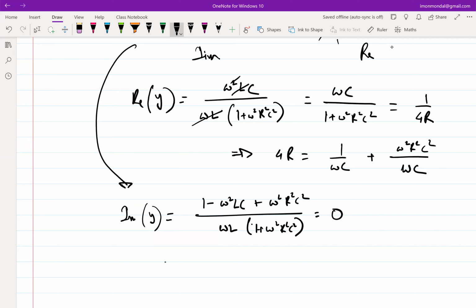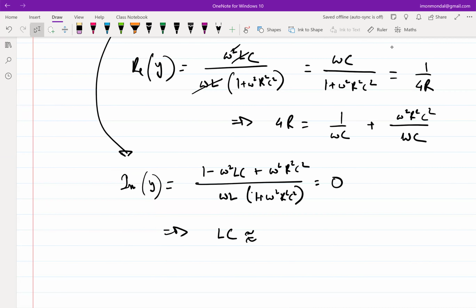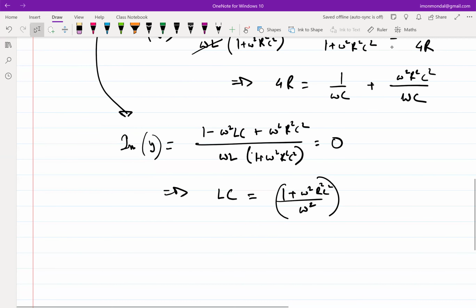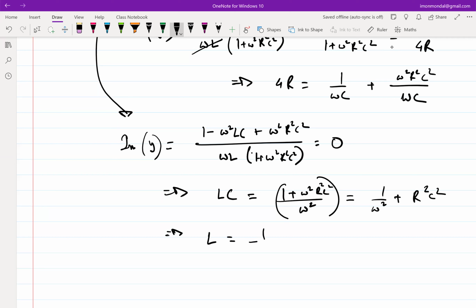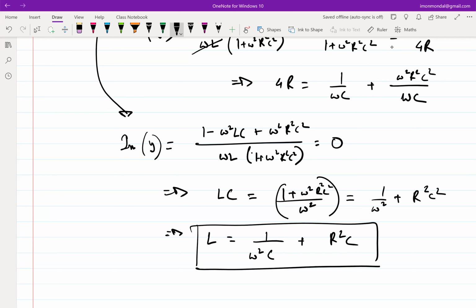Which essentially means that LC is equal to 1 plus omega square R square C square by omega square, which is 1 over omega square plus R square C square, or in other words, your L is 1 over C times 1 over omega square, so let me write it this way: 1 over omega square C plus R square C, right? So this becomes the value of the L.